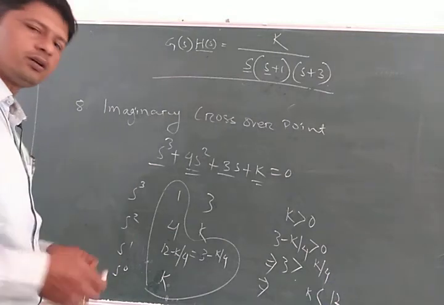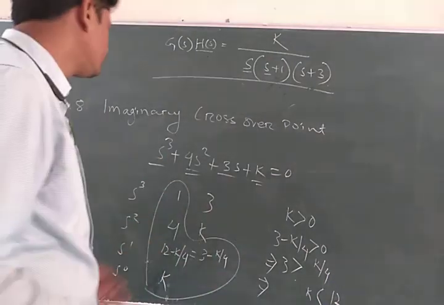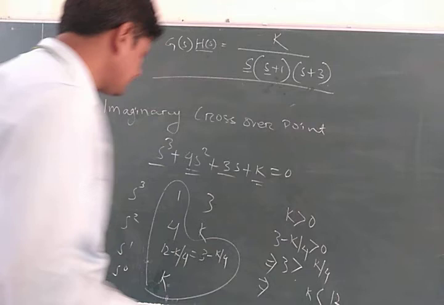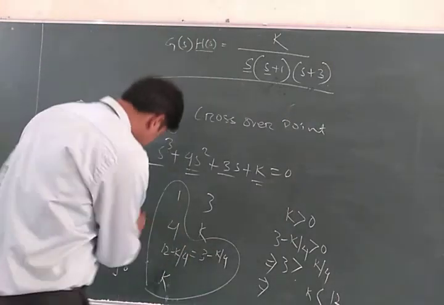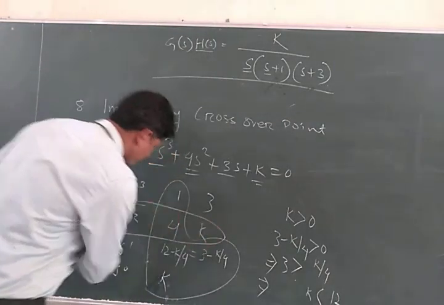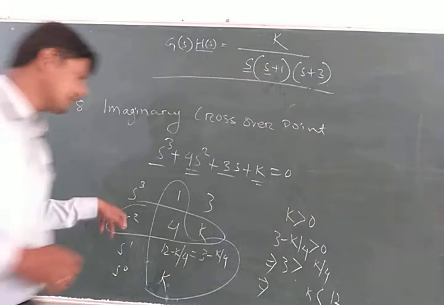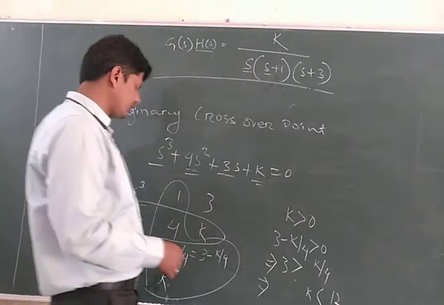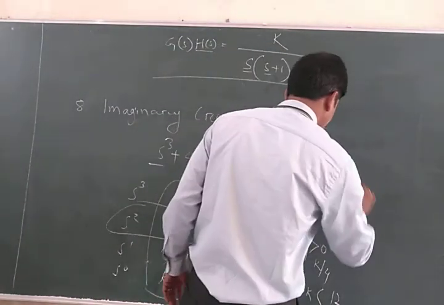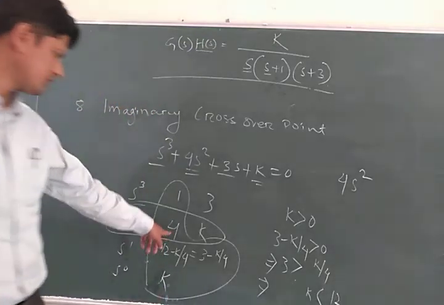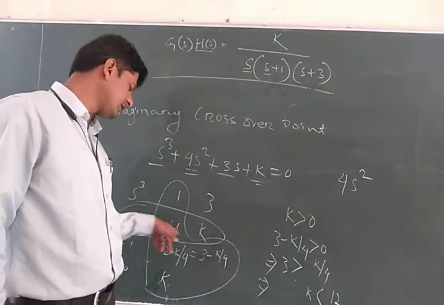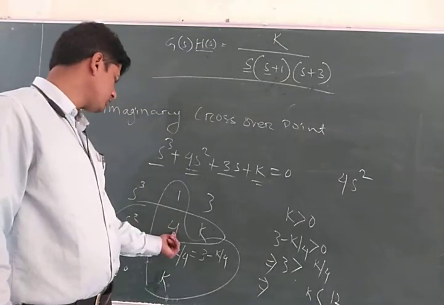So the system is stable for the range of K from 0 to 12, and we have to find the exact point where the root locus crosses the imaginary axis. It is found from the s square row only. The s square row is 4s square plus K, where 4 is the coefficient of s square.